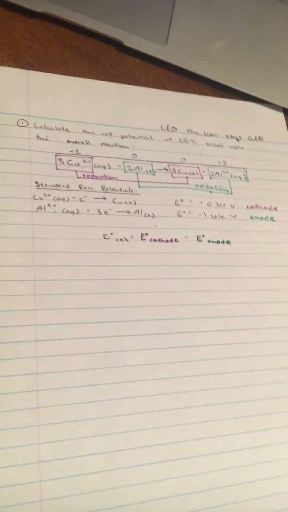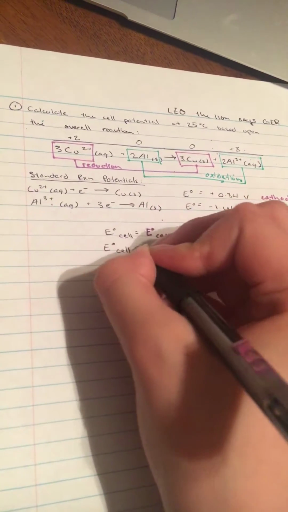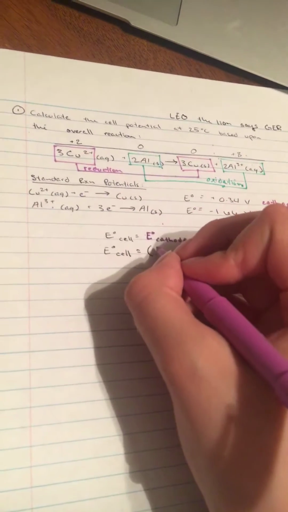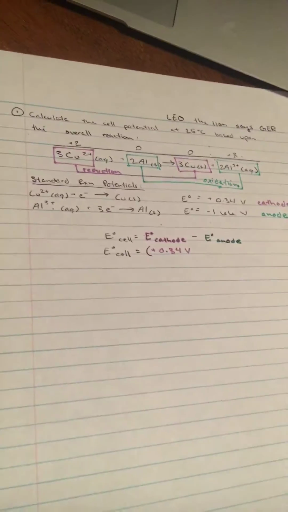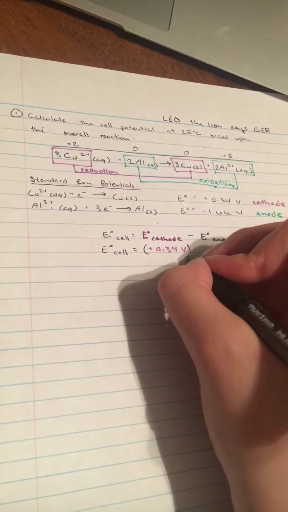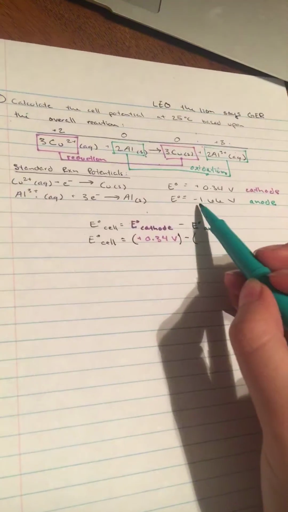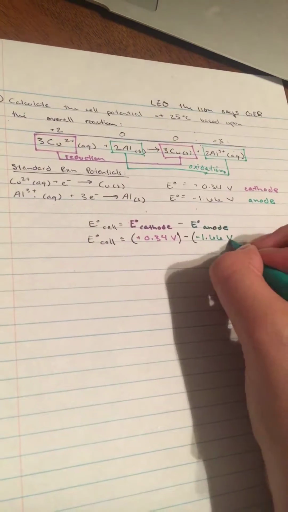Then we go back down here to this formula, and we see that the cell potential of the cell will equal the cathode, which would be positive 0.34 volts, minus negative 1.66 volts.